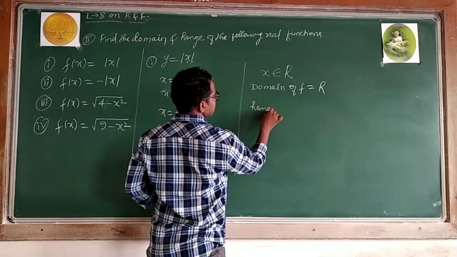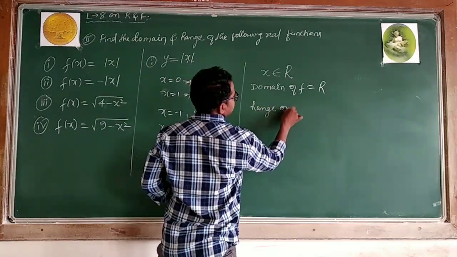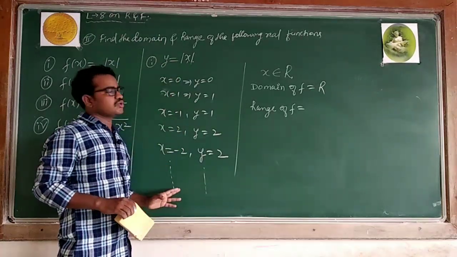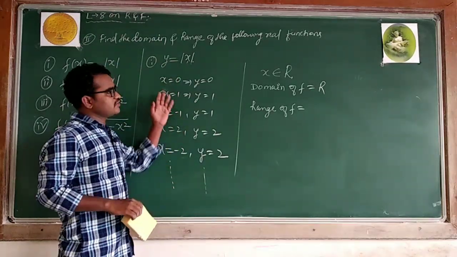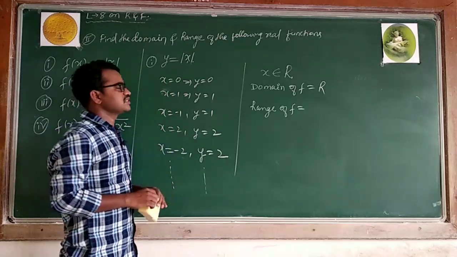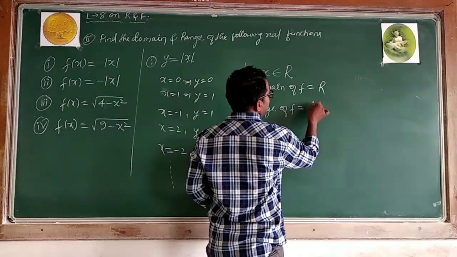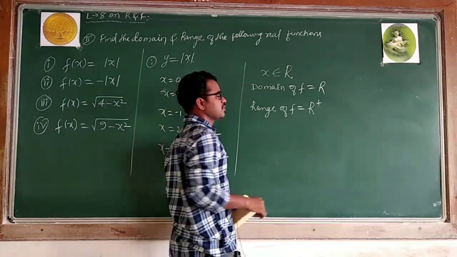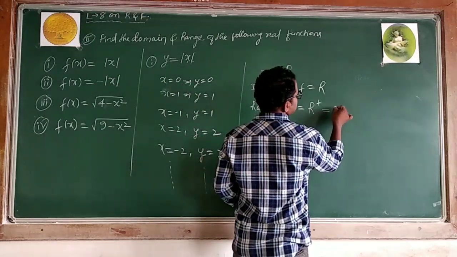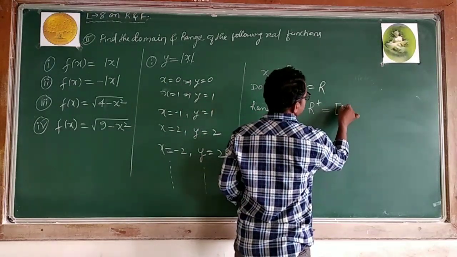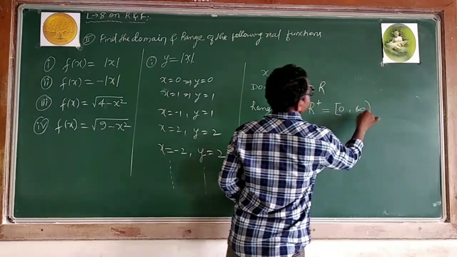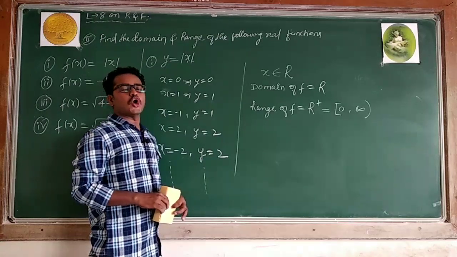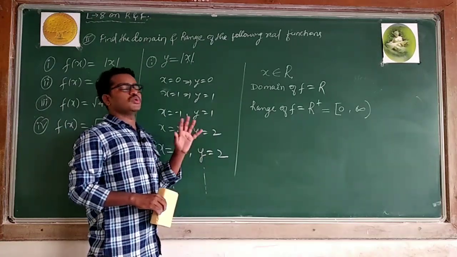The range of f is what? Here you can take any positive value and you will get a positive value. For 0, you get 0. A negative value also gives a positive value. So the range is R plus, positive real numbers, or you can write it as 0 to infinity. That means the set of non-negative real numbers, with no negative values.